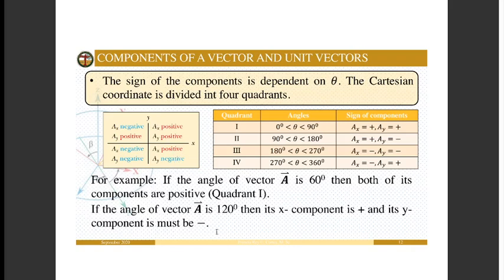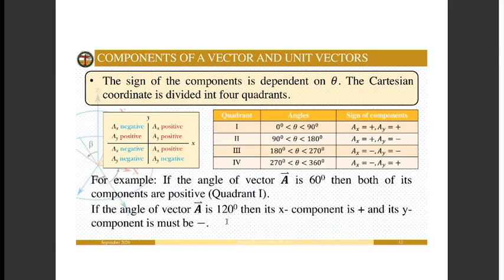But how about if 120 naman? So assuming that this 120 degrees is conventional, so meaning nag-start siya from positive x-axis. So if 120 yung angle na orientation ng vector A mo, then x component is positive. I know the x component must be negative, but the y component must be positive.